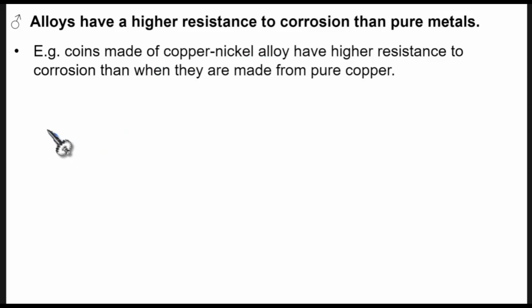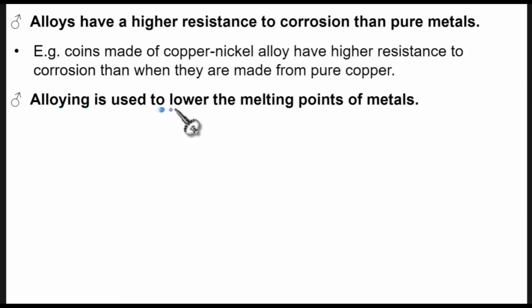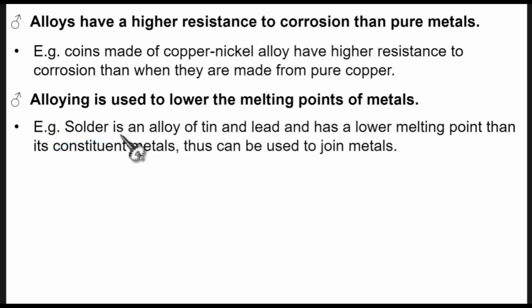Then another advantage of alloying is that alloying is used to lower the melting points of metals. E.g., we are talking of solder. Solder is an alloy of tin and lead and has a lower melting point than its constituent metals, thus it can be used to join metals.